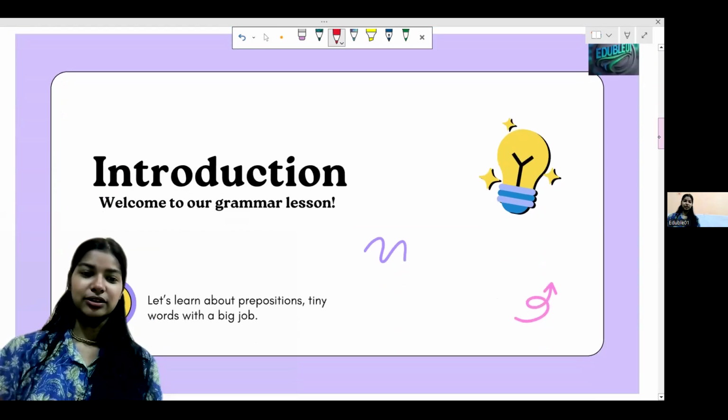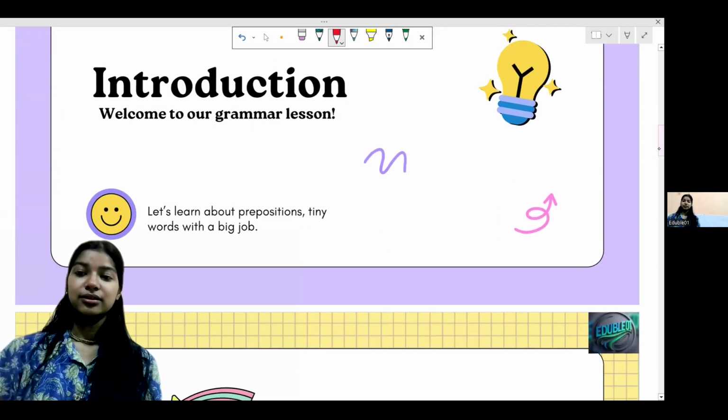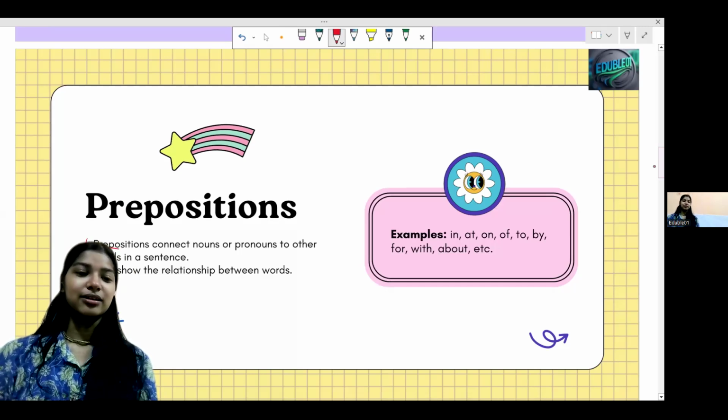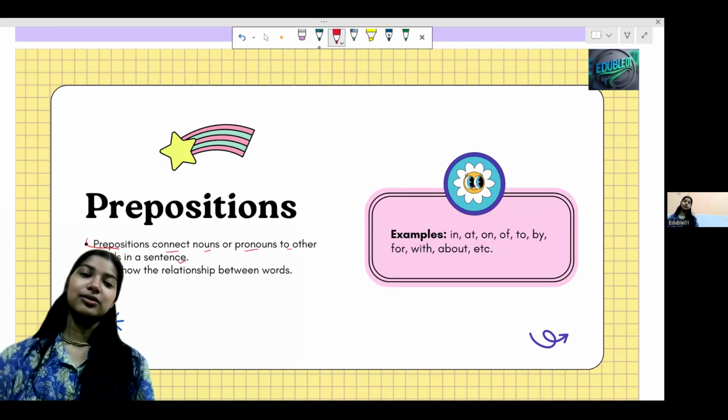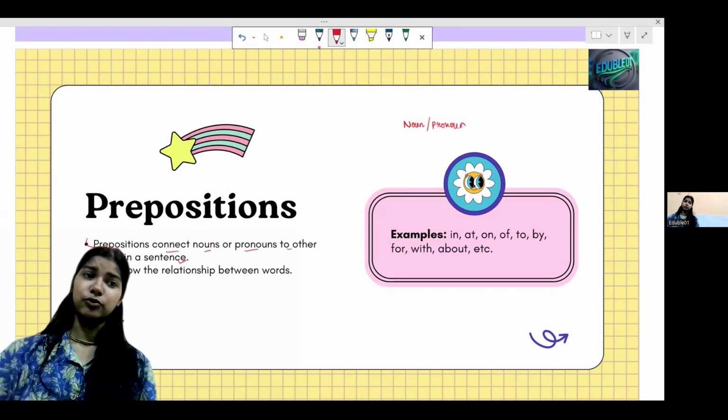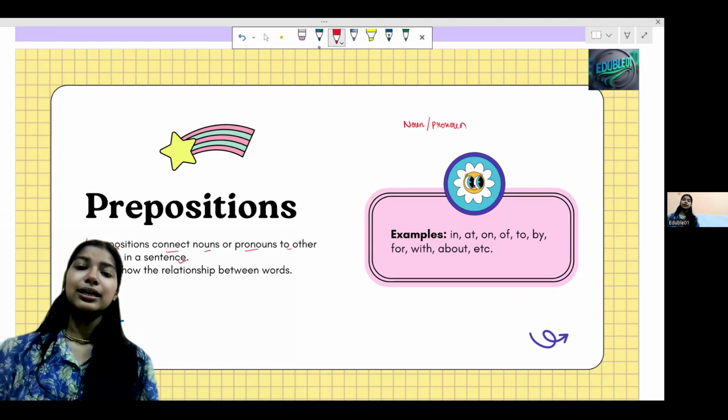Let's learn the introduction, that is, what exactly prepositions are. Prepositions are the words that connect a noun or pronoun to other words in a sentence. Let's take an example: this is any noun or any pronoun, and it is getting connected with the other part of the sentence, or any word.